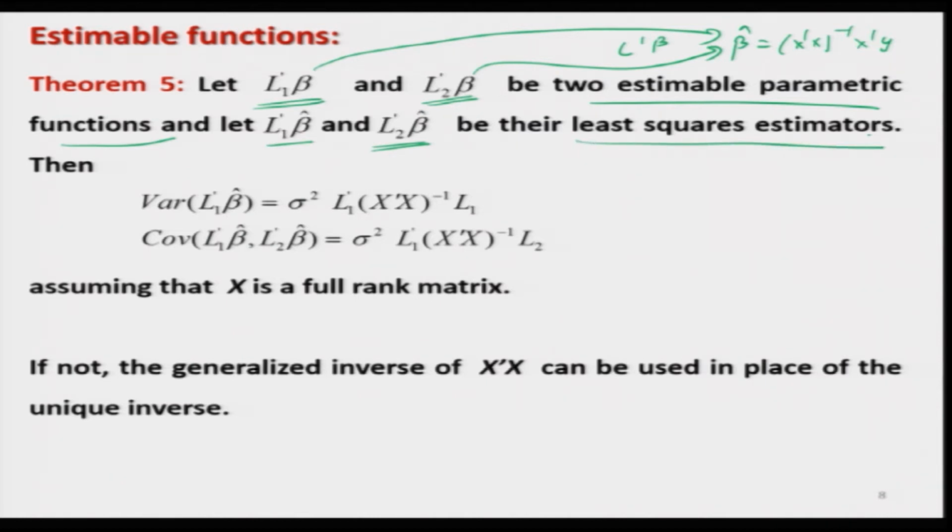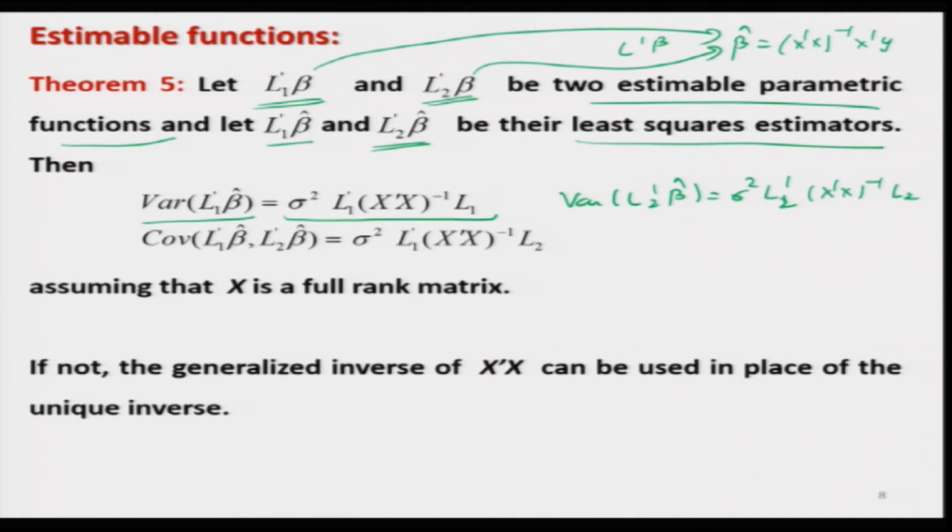Now if you find the variances of these estimators, the variance of L1 transpose beta hat is simply sigma square L1 transpose (X transpose X) whole inverse L1. Similarly, the variance of L2 transpose beta hat is sigma square L2 transpose (X transpose X) whole inverse L2.